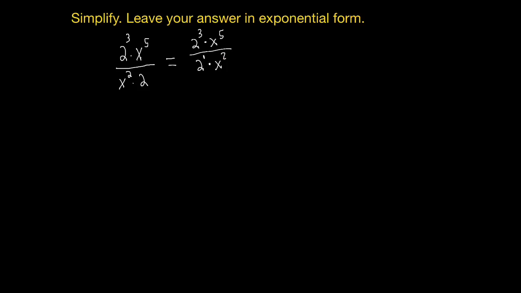Now I can apply the quotient rule to the 2's, and I can apply the quotient rule to the x's. Let's begin with the 2's. Here I get 2 raised to the 3 minus 1 multiplied by x to the 5 minus 2, to get a total of 2 to the 2nd power times x to the 3rd power.